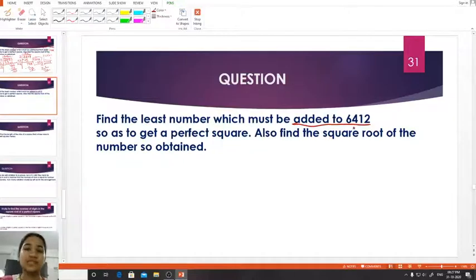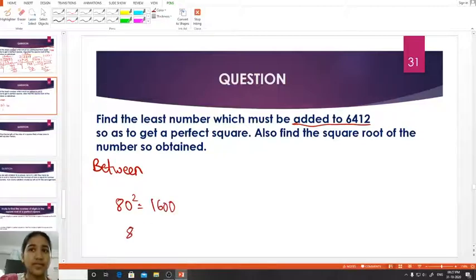First, we have to see between which two square numbers 6412 lies. What is 80 square? It's not 1600.